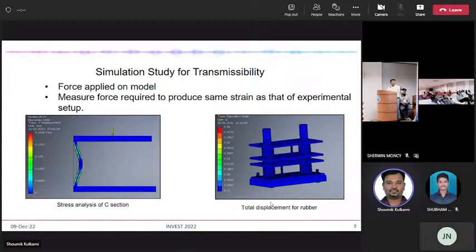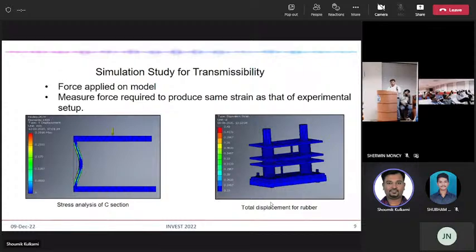In simulation we used a student version of Autodesk Inventor, which works on Nastran. We first did simulation for the C sections to check where we get the maximum strain, so we can use it to position our strain gauges.